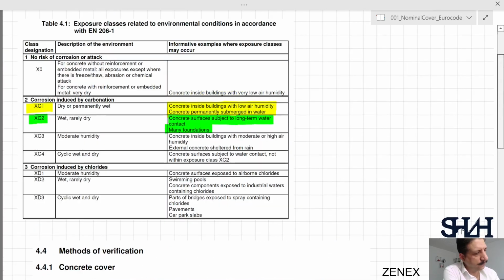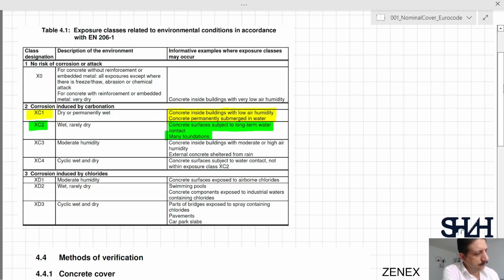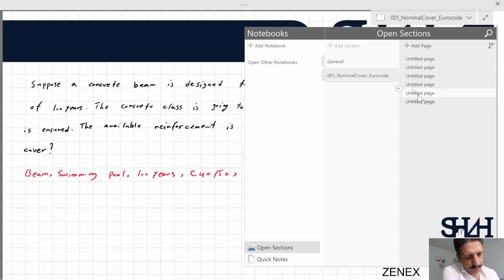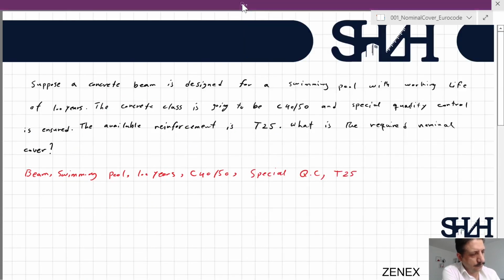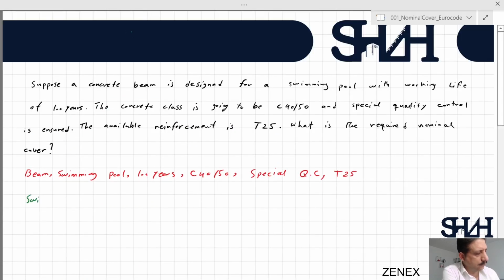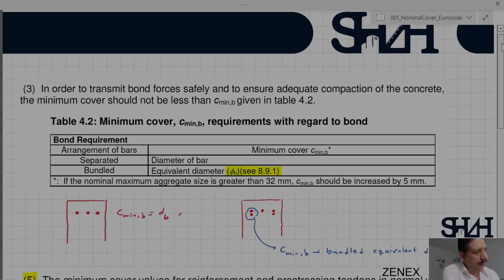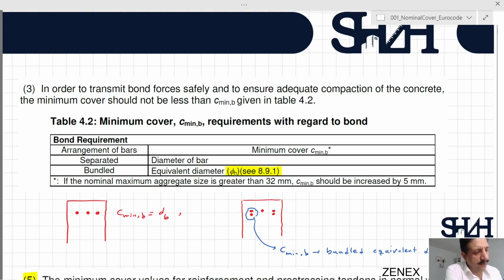Coming back to table 4.1, swimming pool, XD2. And then we need to find out what is the minimum bond cover. Minimum bond cover, there is not any mention about if the reinforcement is bundled. As a result, we assume that they are separated.